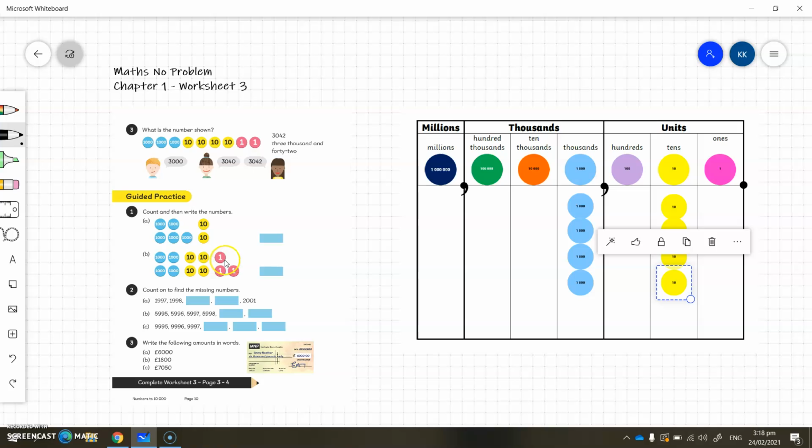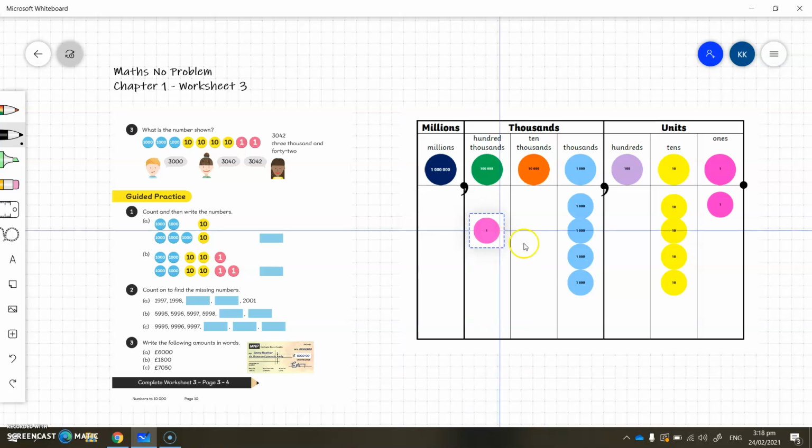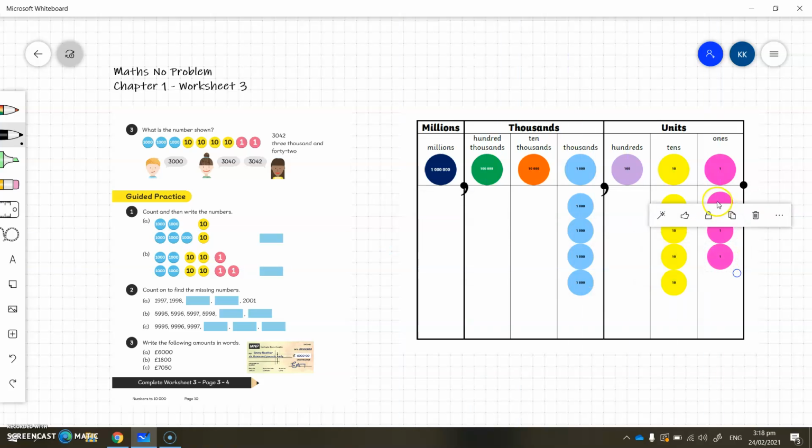And this time I see that I have ones discs. I have 1, 2, 3. 1, 1, and another 1 makes 1, 2, 3.